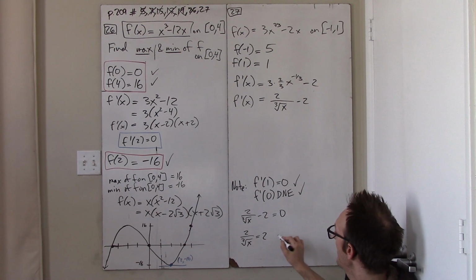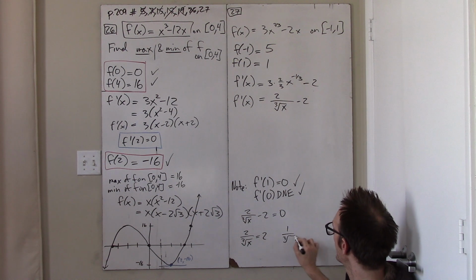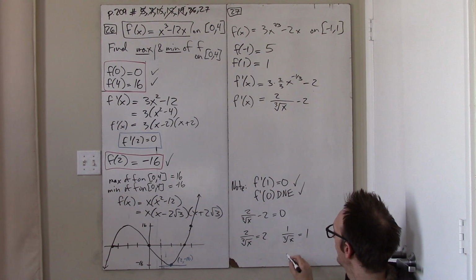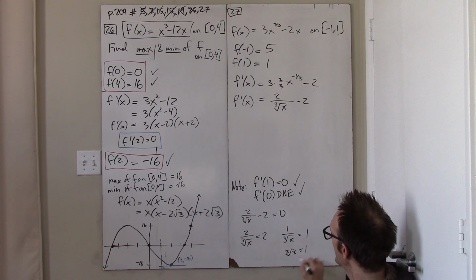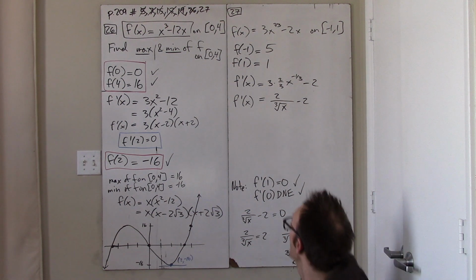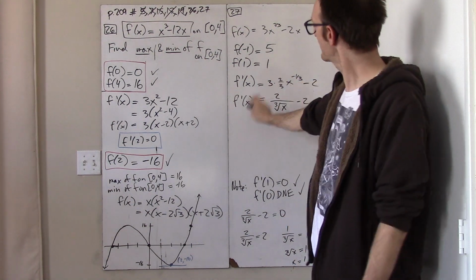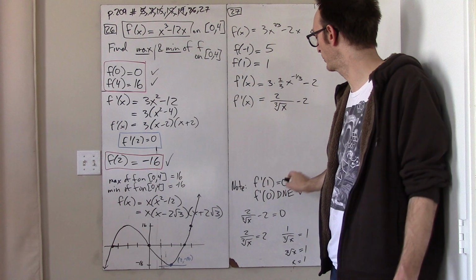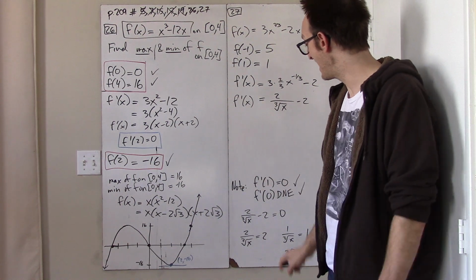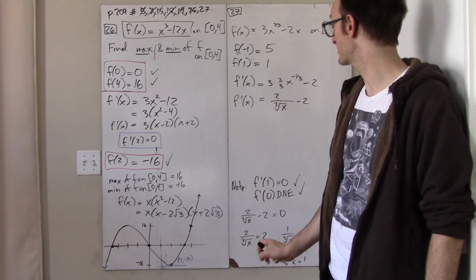And that will happen when 1 over cube root x is 1, which will only happen when cube root x is 1, and that only happens when x is 1. So I just did this sort of logic in my head a little bit. But all right, the big picture is I have differentiated, I've simplified my derivative, and I have found these 2 critical points. And so these 2 critical points must be checked.